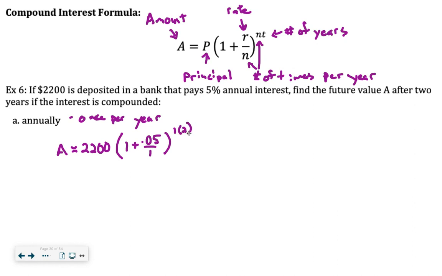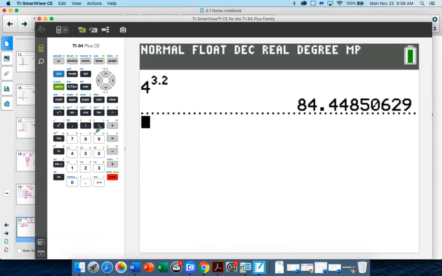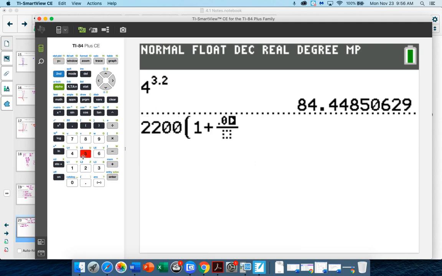So here is what I'm going to plug into the calculator. Okay, and we can absolutely use our calculator here. So let's bring that up. So 2,200 times 1 plus 0.05 over 1.